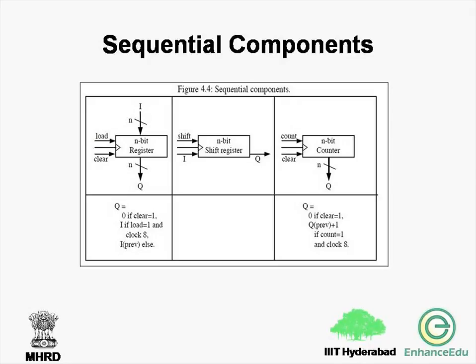Then there is the n-bit shift register, which shifts in the input bits. Here the triangle associated with a line at the input is the symbol for the clock. And there is an n-bit counter which counts the number of ones appearing at the input.